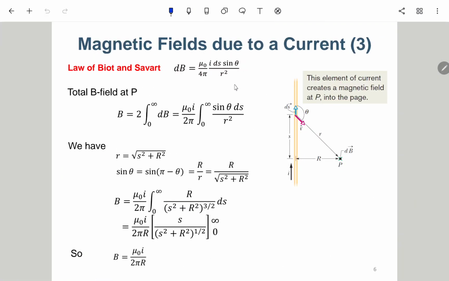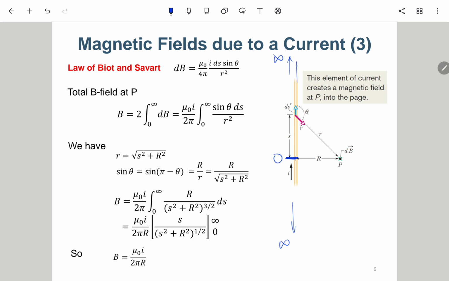Okay, so here we try to integrate this. Here we have a wire, like this, going infinitely far away, and the current is from bottom to top. Here we take this as the 0 point for the ds.